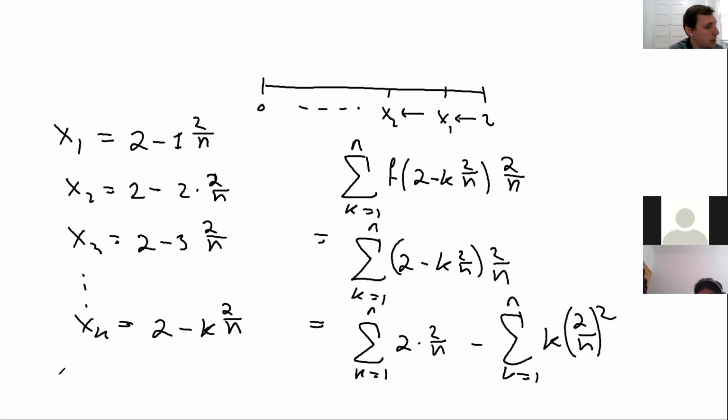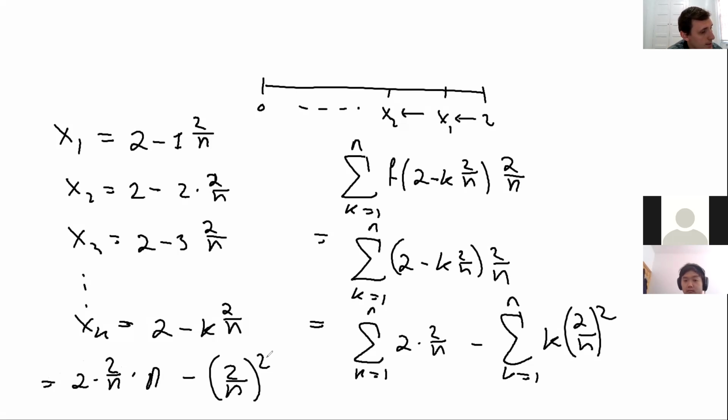And so what am I going to get in the summation? I add 2 times 2 over n, n times. So this would be 2 times 2 over n times n, minus this part, which is 2 over n squared times n times n plus 1 over 2. And what do I get?